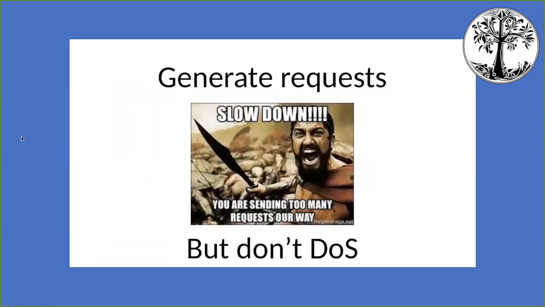So the next step I will normally do is generate requests, but don't. This is just a joke. Don't do denial of service. What I mean by generating requests is set up Burp and start using the app as if you were a normal user and test everything. Generate requests for everything.